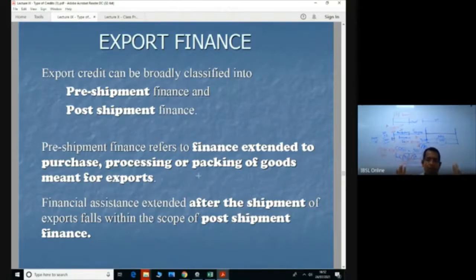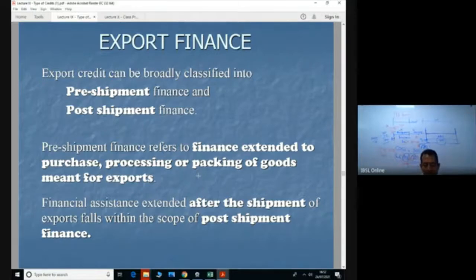My cost would be around 7 million, the direct cost. Right? I don't have money to do this. In order to process this purchase, do the processing and pack and make it ready for the export, we need money.